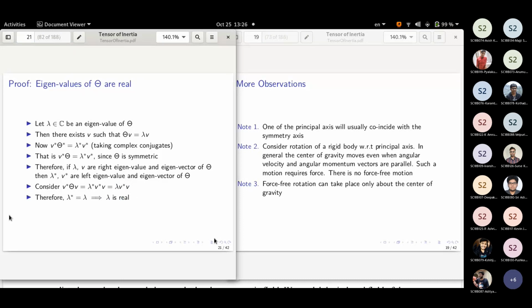So what you obtain is lambda star equals lambda. That means the eigenvalue lambda has to be real.